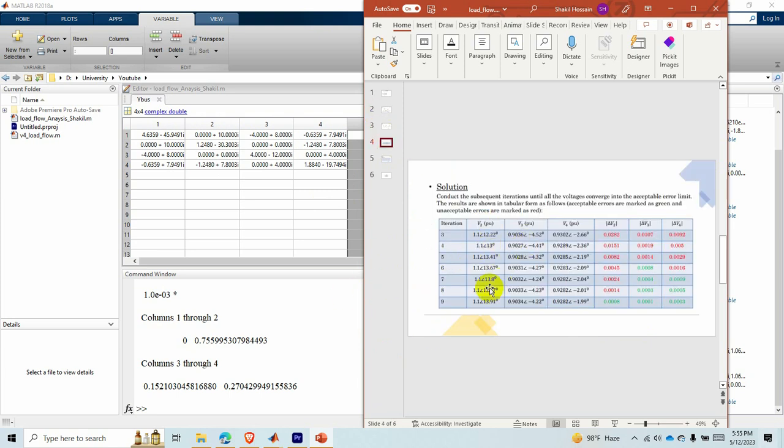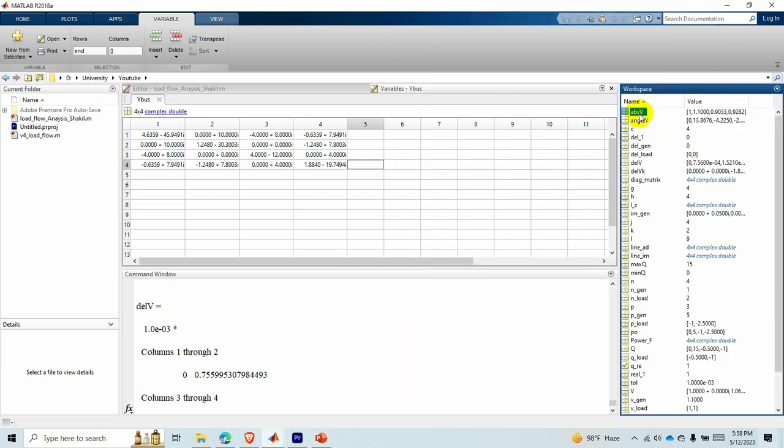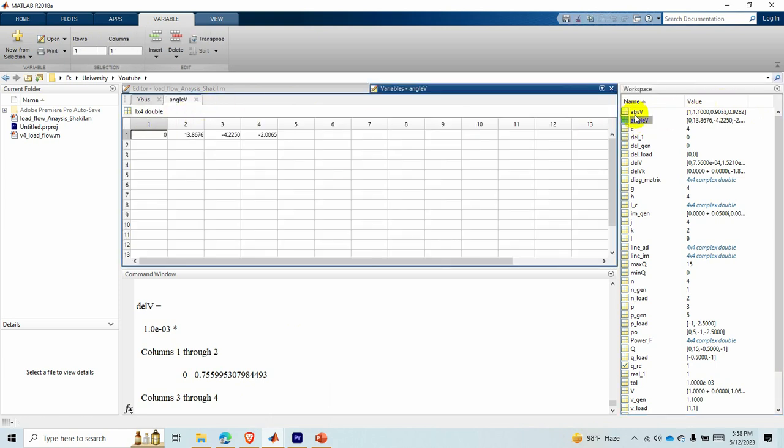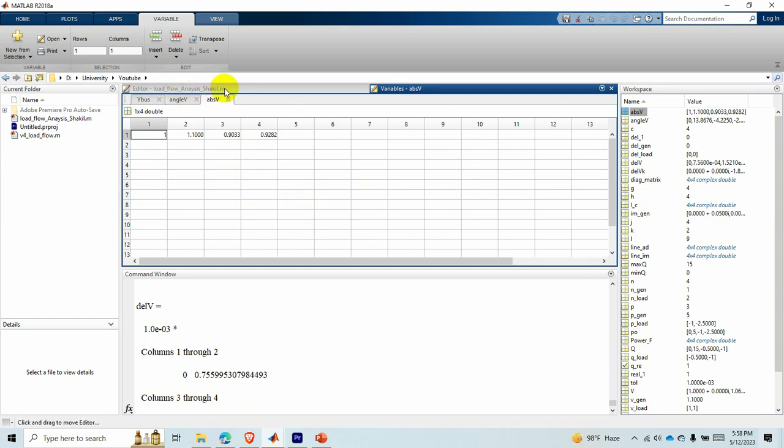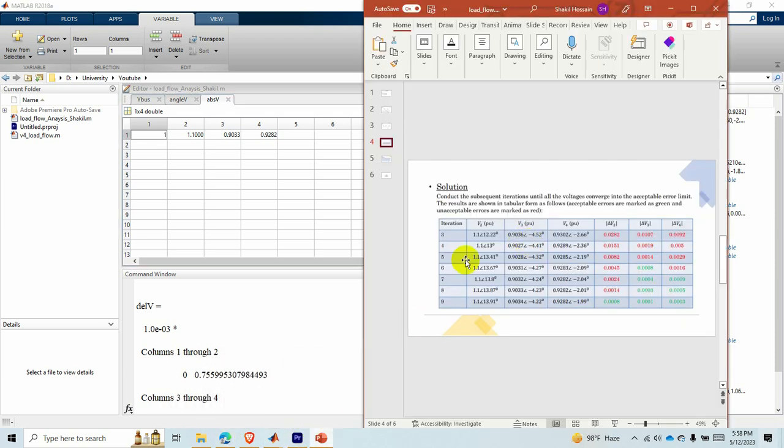Then the solution for the iteration voltages: this is the angle, this is the voltage. So we got 8 iterations. After 8 iterations the answer will be 1.1 angle 13.87.